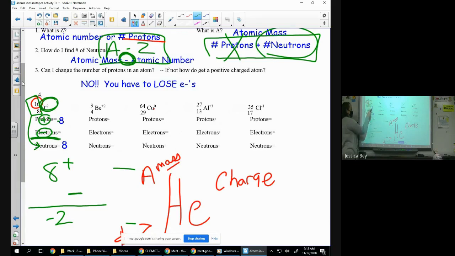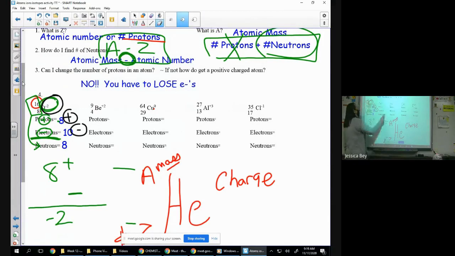What is 2 more than 8? 10. Okay, so plus 8 minus 10 gives me my -2 charge. Let's try another one, and then I'll leave you to try to finish the rest of them on your own. Bottom number, the Z, always tells us the number of protons.